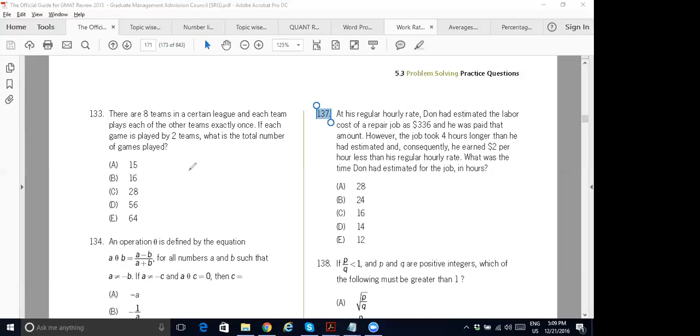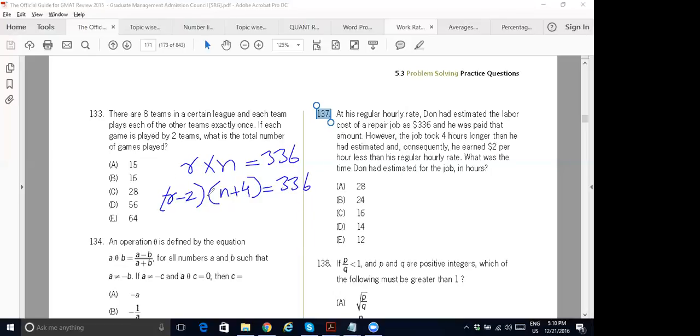So another way is, for example, hourly rate is R and the number of hours is N. This is 336, and if he took 4 hours more, the rate drops by $2. That is also 336.